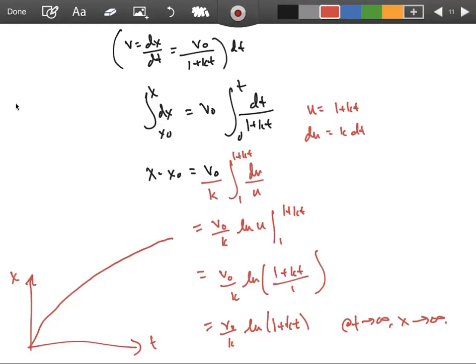Which means the amount of time it's going to take for this thing to fully go to zero velocity is going to be very, very long. This thing is going to be moving so slowly, but it's still going to be moving, that it's eventually going to trickle all the way out to spatial infinity. So in the second case, this one's going to go all the way out to spatial infinity.